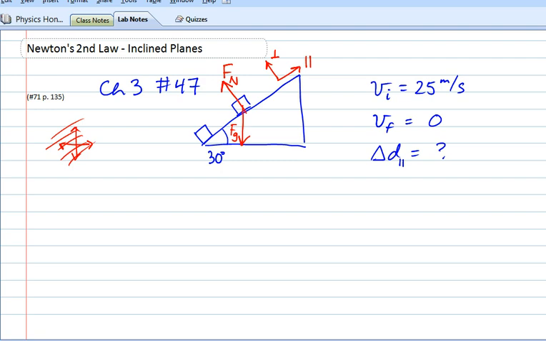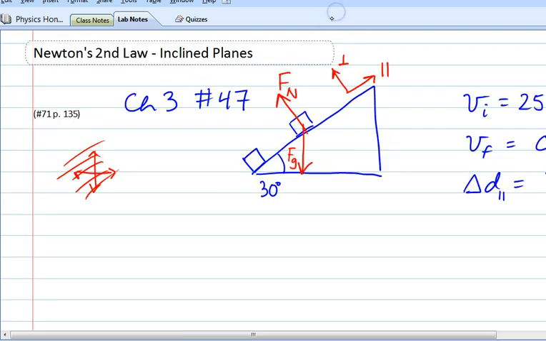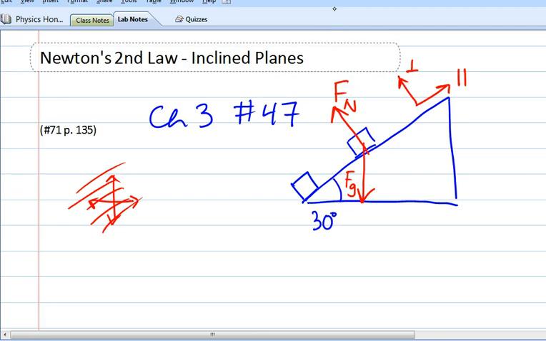So what we have to do, let me zoom in a little bit more, is take gravity and break it down into components. Get a different color here. We're going to have what we call FG perpendicular and FG parallel, and those make a right angle.